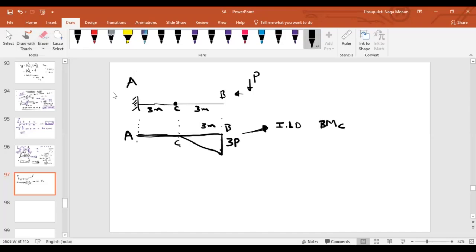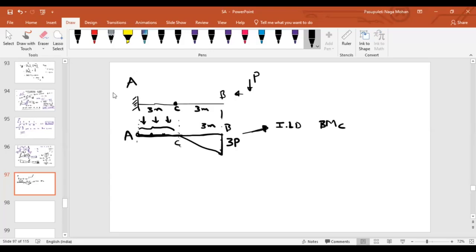Is there any diagram from A to C or is it 0? A to C is 0. That means in this portion, wherever your load is, whatever the ordinate value, 0. That means wherever your point load is in this part, there is no bending moment at point C.